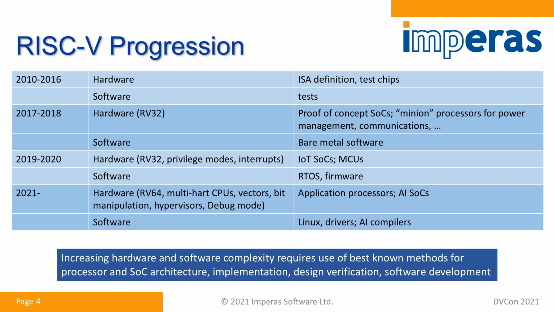And now the software has gotten, again, even more complex with Linux, Linux drivers, and AI compilers. And so this progression, this increasing hardware and software complexity, requires the use of best known methods for processor and SoC architecture, for implementation, for design verification, our subject today, and for software development.